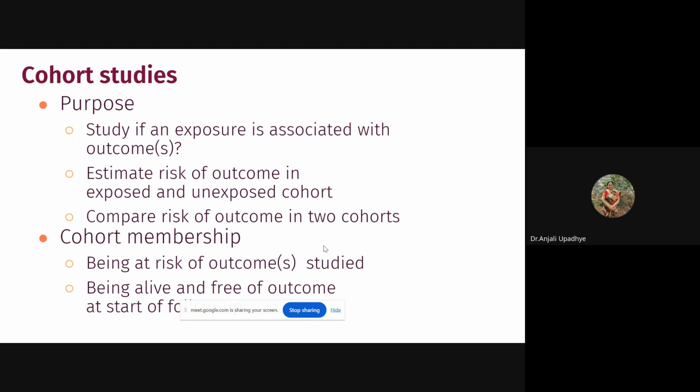Take a simple example of a survey of a cohort. Suppose we take an example of financial literacy. The financial literacy protocol is given by the government, but we are taking a cohort of 11th and 12th students. This is my cohort: only 11th and 12th students in Pune city. I am going to find whether financial literacy is there in the 11th and 12th students.